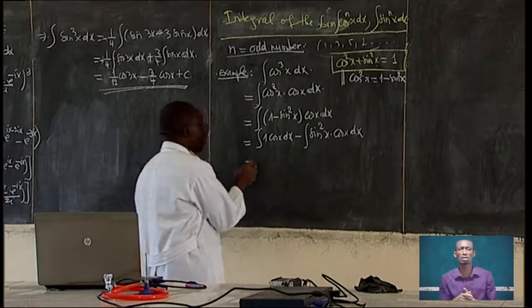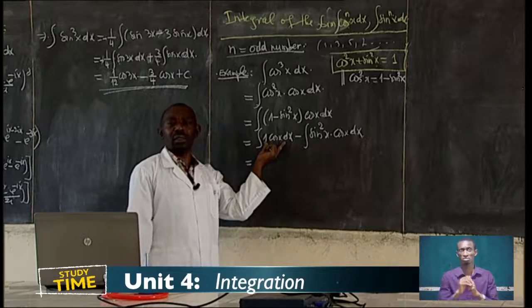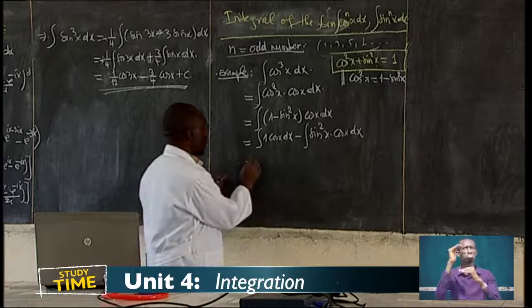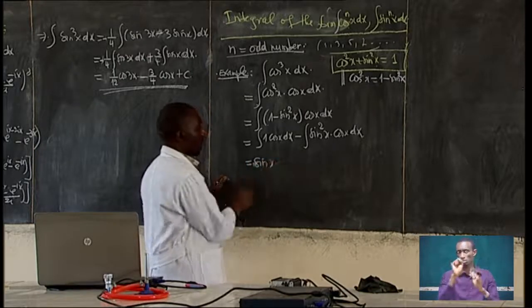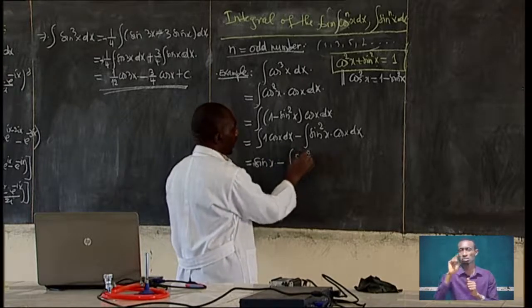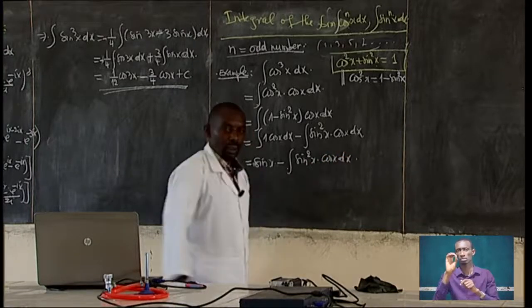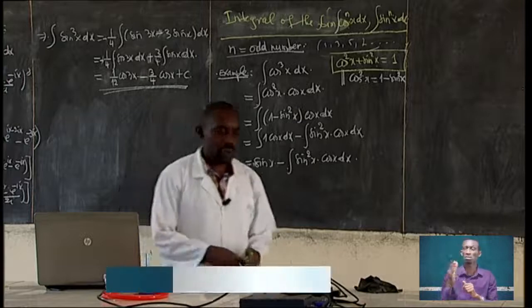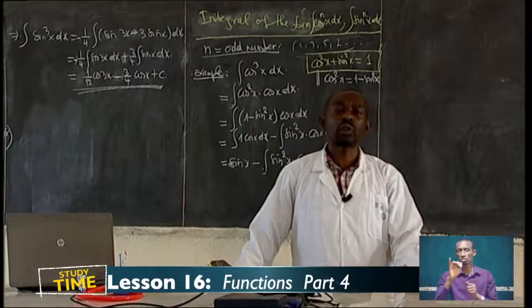And we know that the integral of cosine x is known already. It is a standard integral. It is sine x. Then minus integral of sine squared x times cosine x dx. Here I'm going to use the method of integration by change of variable.